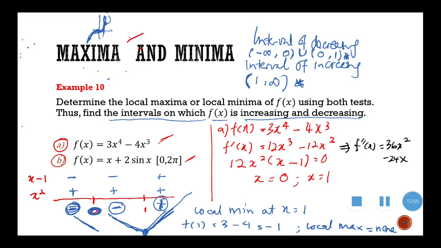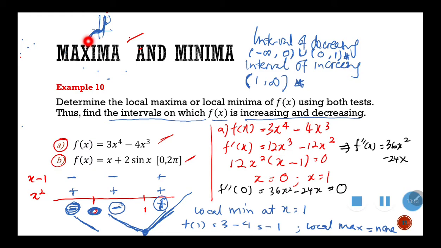So yang ni, kita guna second derivative test. So f double prime kita gantikan dengan 0 into 36x square minus 24x. So you dapat apa? Kosong-kosong, you dapat 0.